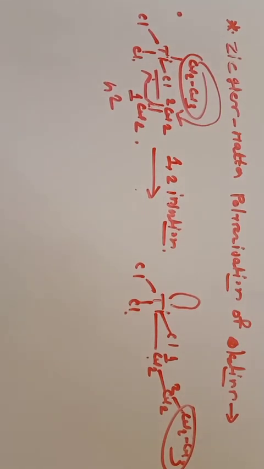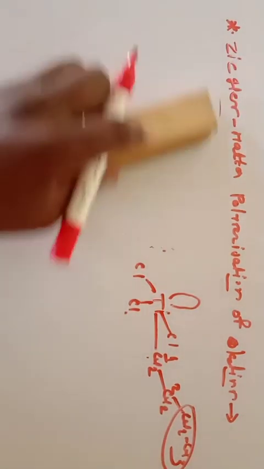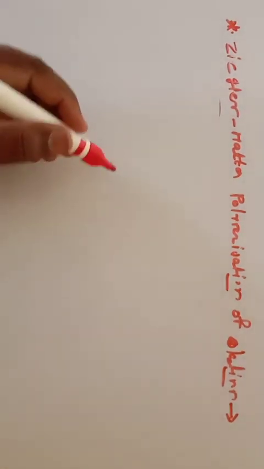After 1,2 insertion, the hapticity 2 is converted into 1, and there is generation of another vacant site. Again the alkene molecule interacts with the vacant site.